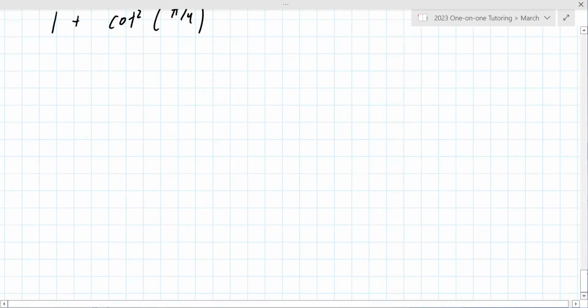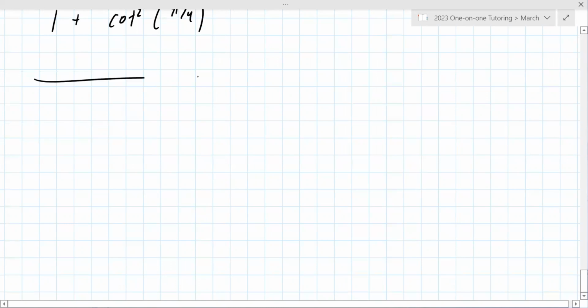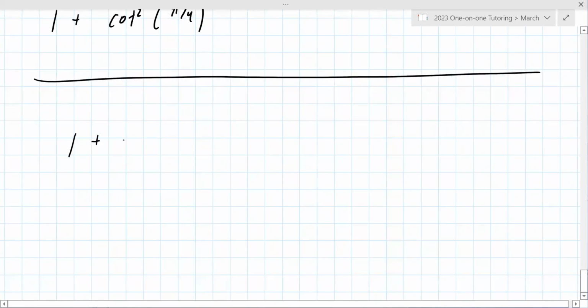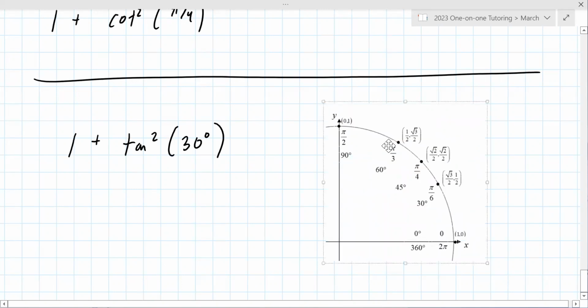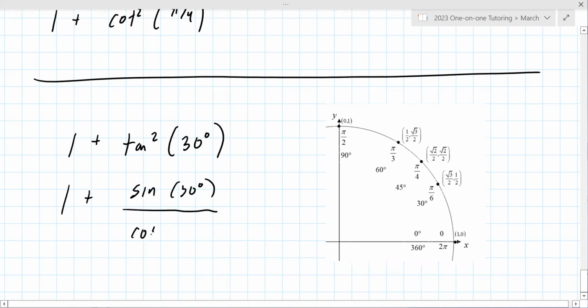So let's have you try another one here. Maybe we'll do this one together. Let's say we want to do 1 plus tangent squared of 30 degrees. Tangent is really sine 30 degrees over cosine 30 degrees.